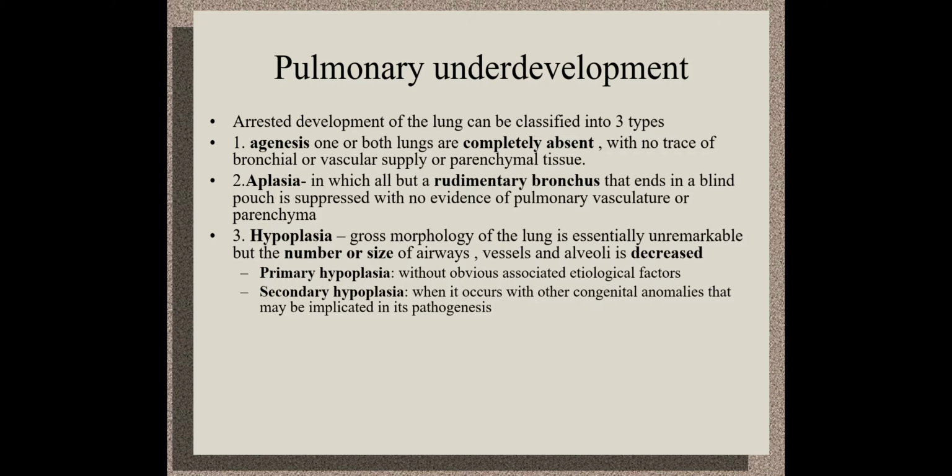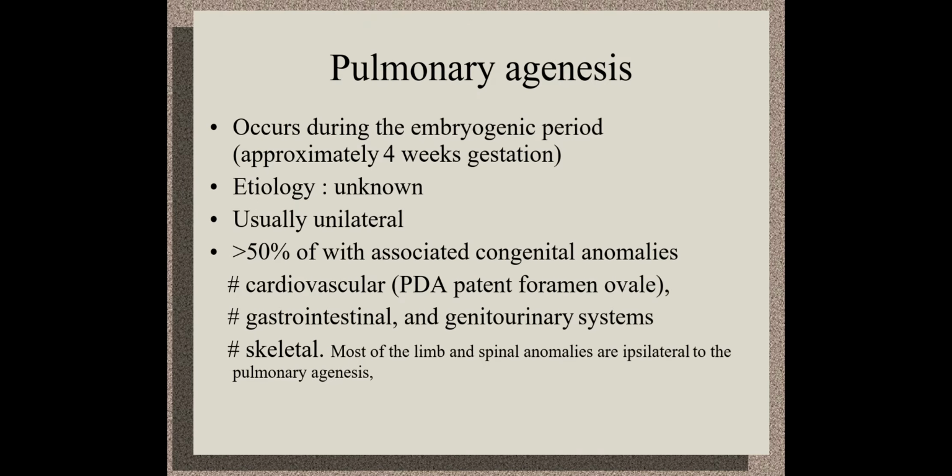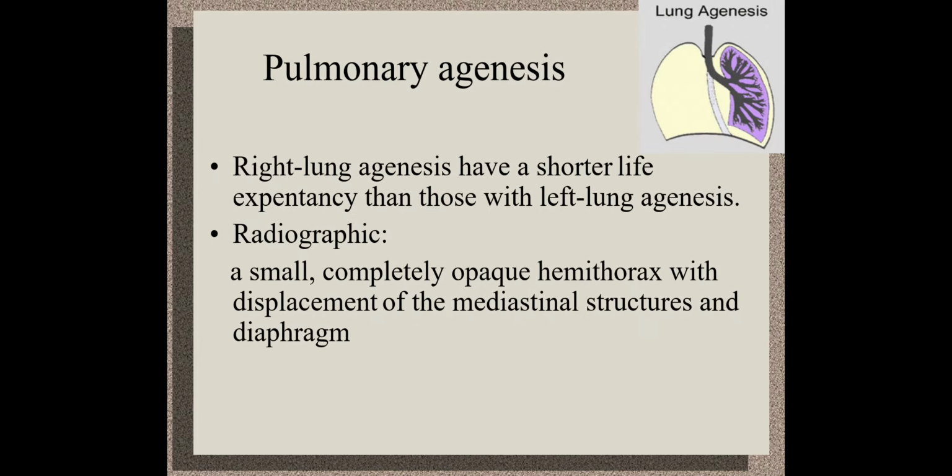Hypoplasia: gross morphology of the lung is essentially unremarkable. Pulmonary agenesis occurs during the embryonic period, approximately 4 weeks gestation, etiology unknown, usually unilateral. More than 50% of cases are associated with congenital anomalies, cardiovascular and gastrointestinal.